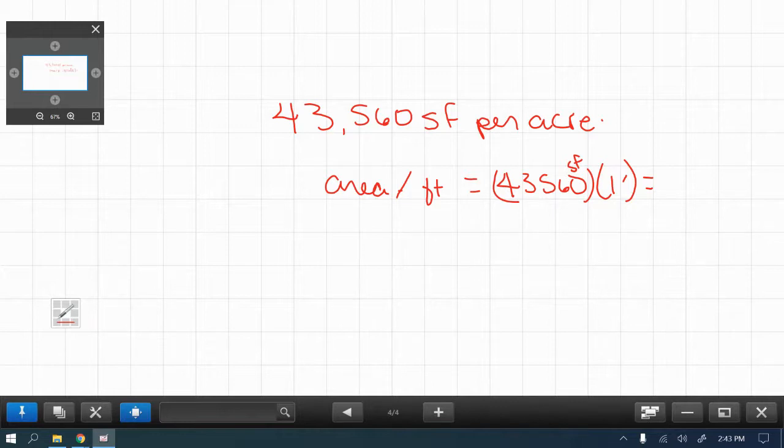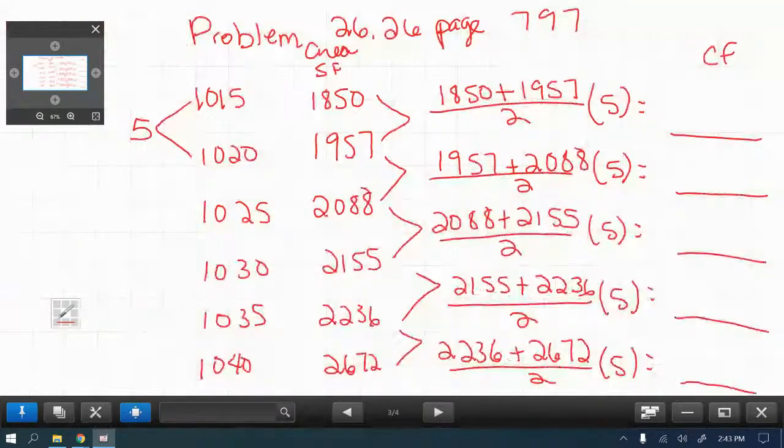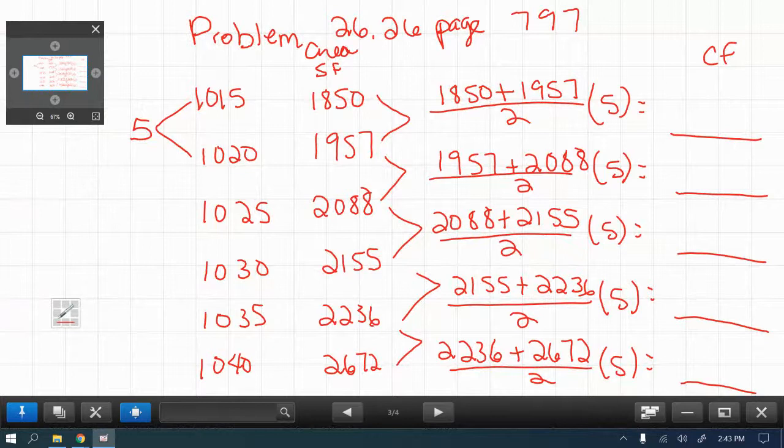So that times 1 is itself. So once you get your total in cubic feet, you should be able just to divide it by 43,560. Answer to those.